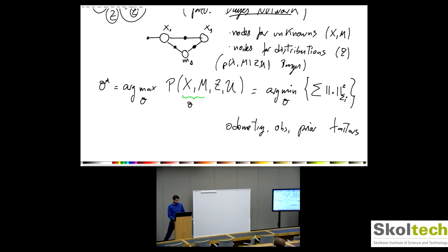So it's the same SLAM problem as always. The only thing that has changed is that now we have a much better way of describing it. If you use factor graphs and these distributions as we discussed last day, then calculating the optimal set of parameters by maximizing this joint probability is the same as minimizing a summation of what we call factors, right?